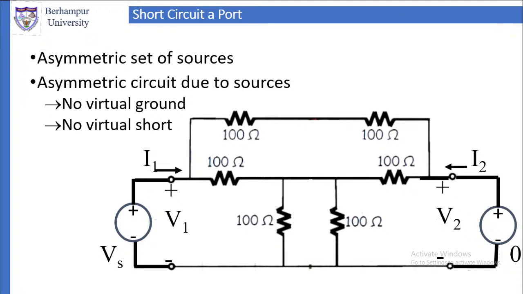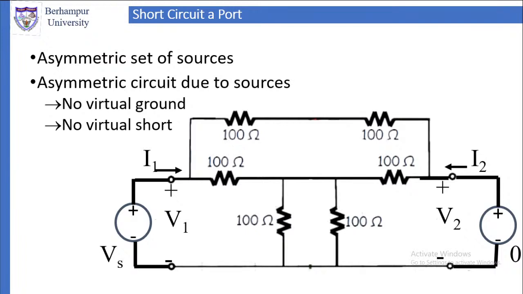Now this is a classic case of asymmetric sources. On one side we have V1, on the other side we have V2. V1 is not equal to V2; V1 is equal to Vs, whereas V2 is equal to 0, short circuited.